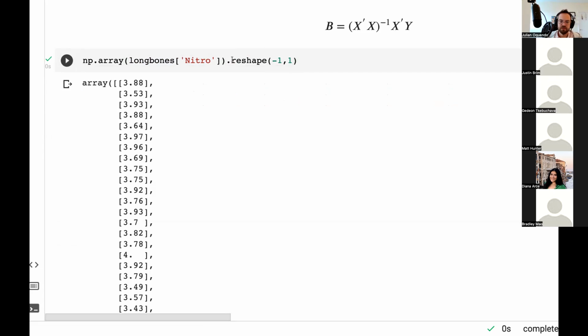So you have your series, in this case. We converted this into an array, and then we reshaped the array into a structured format that is vertical in nature.